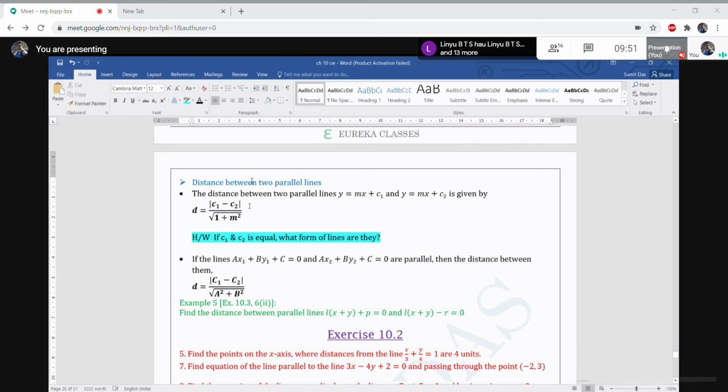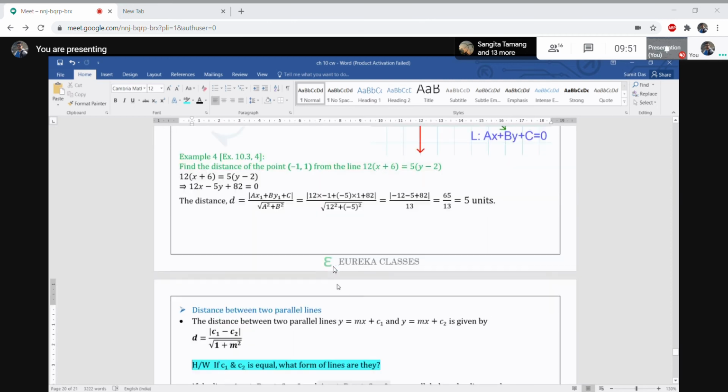So it is very simple. If two lines are there, you just write them in the form y equals mx plus c, and then the distance is c1 minus c2 divided by the square root of 1 plus m square. But if the line is given in the form ax plus by plus c, here also I made one mistake.